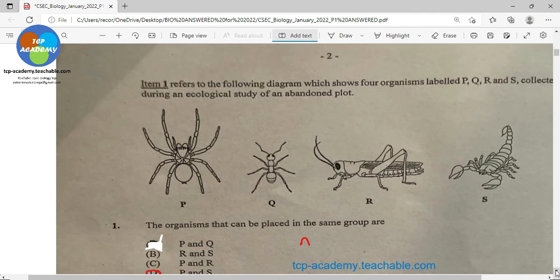Now here we're having a spider, P, Q, ant, R, grasshopper, and S, a scorpion.